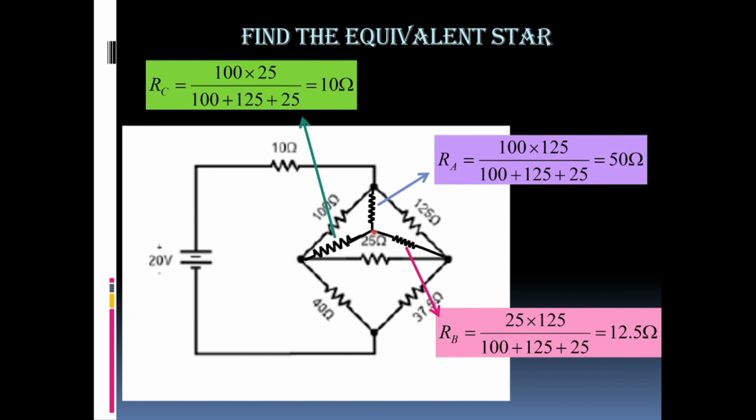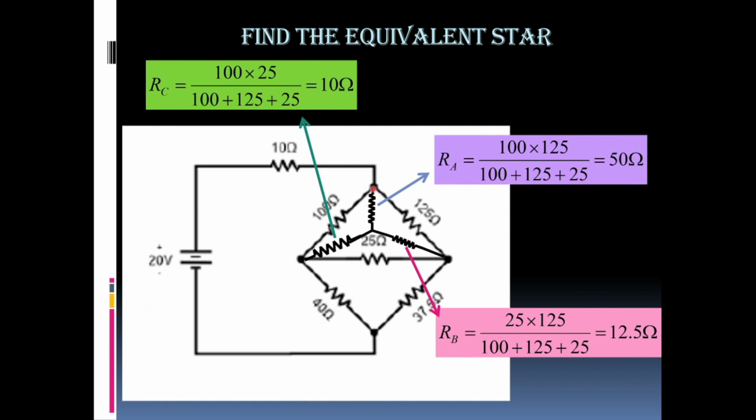Then for RB, again the adjacent would be 125 into 25 divided by 125 plus 25 plus 100. That will give you the answer 12.5 ohm. And then last for RC, the adjacent is 100 into 25 divided by 100 plus 25 plus 125, which will give you the answer 10 ohm.